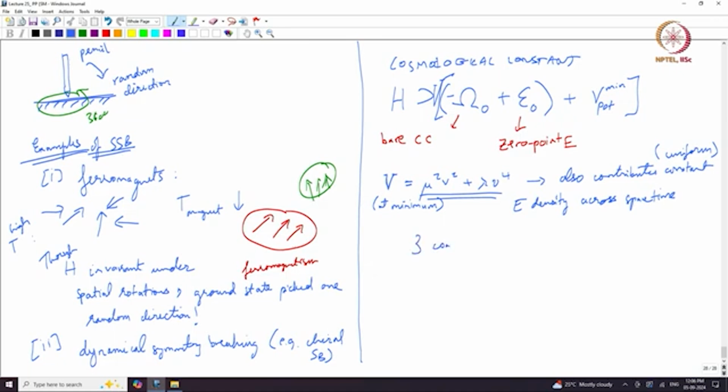So, we have now identified 3 contributions to dark energy. Once again let me emphasize that from a particle physics point of view, the mystery of dark energy is not really what it is, it really is how much quantity there is, that is the cosmological constant problem.